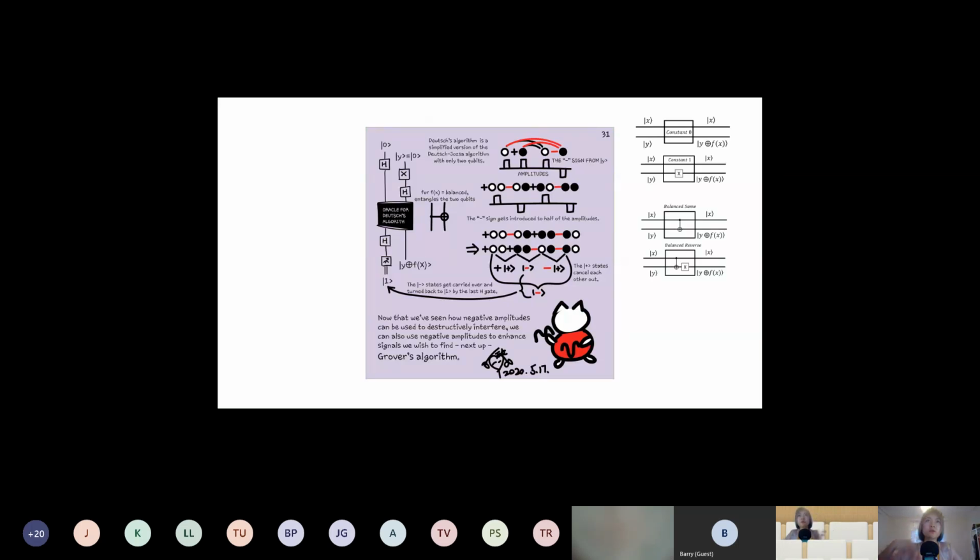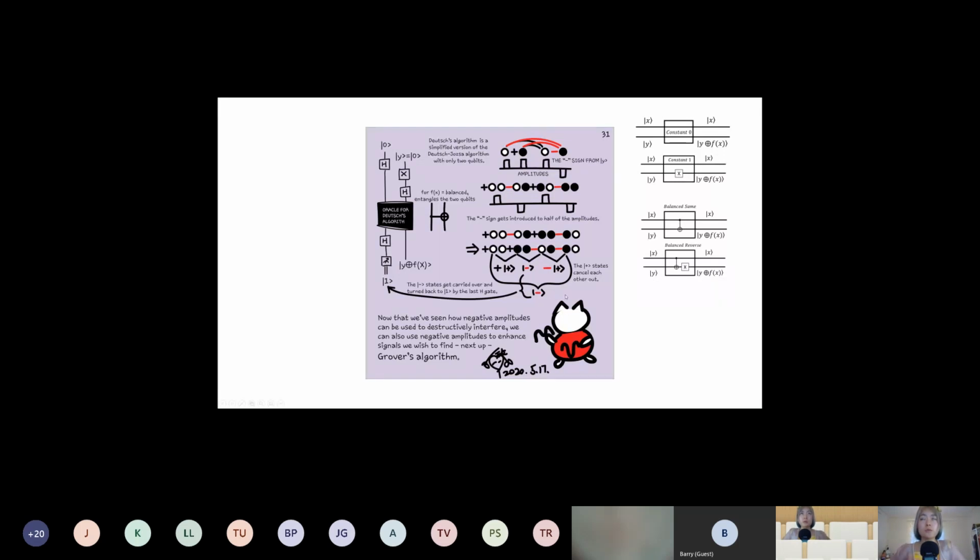We have seen in some previous classes the Deutsch algorithm and Deutsch-Jozsa algorithm, where we looked at a case where interference was very important.